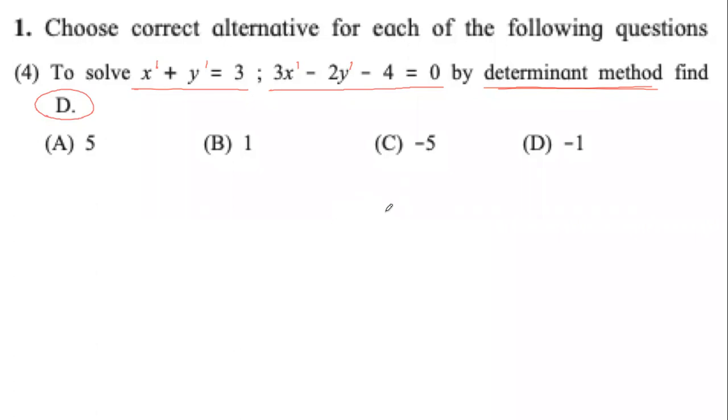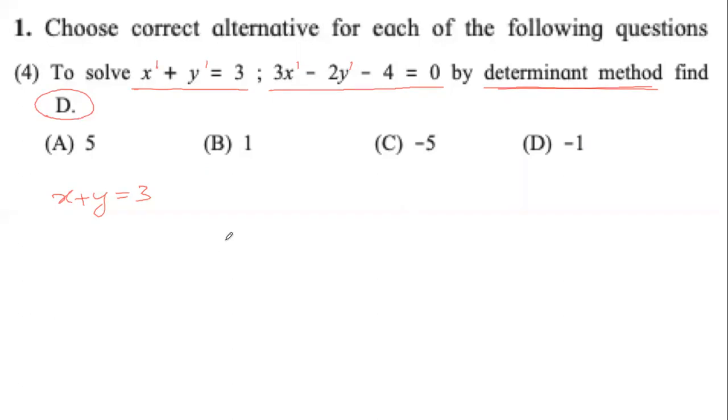Remember, in order to be able to do this, we need to first write the equations in the usual general form. So if we look at the first equation, x plus y equals to 3, it is already in the usual form because all the terms with variables are on the left hand side and all the terms without a variable are on the right hand side.